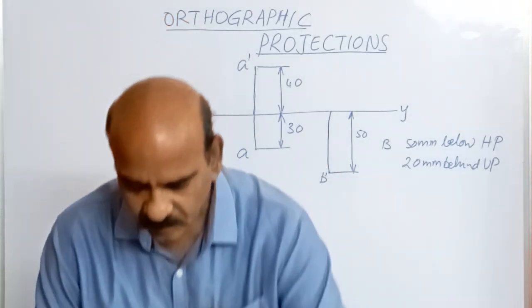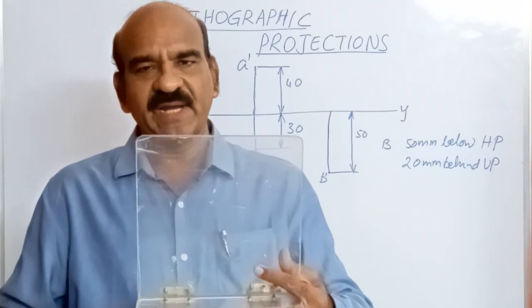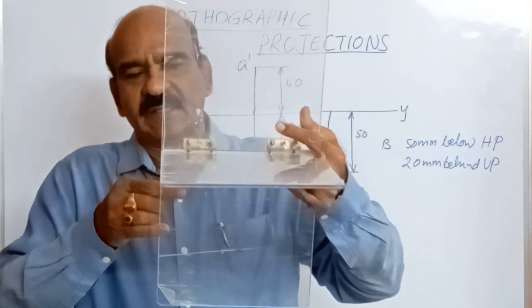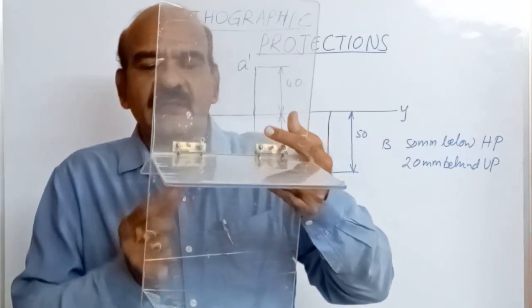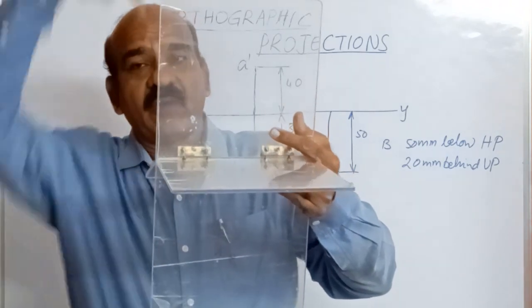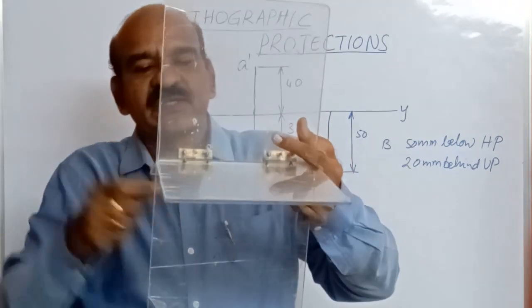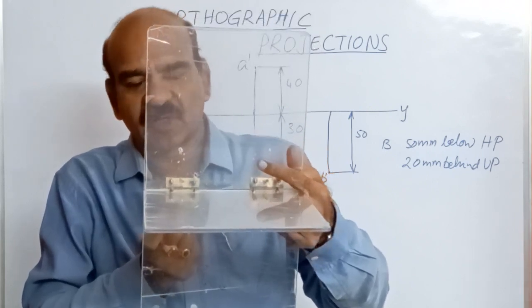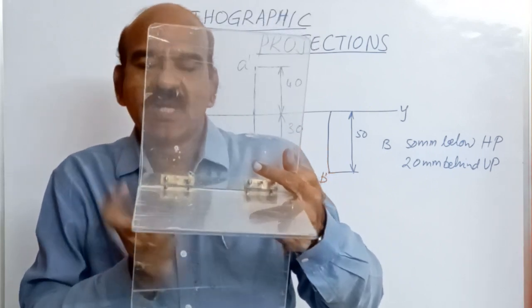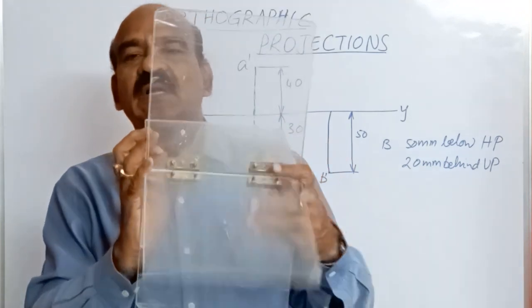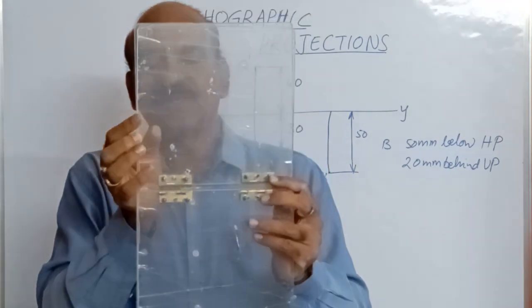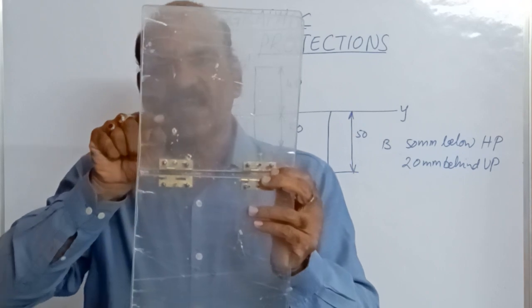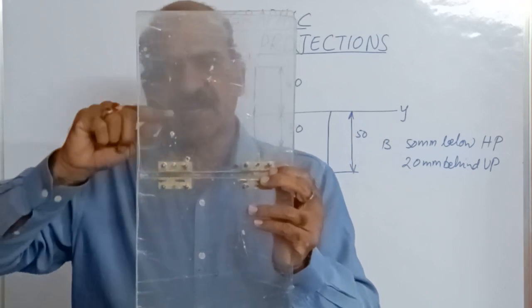Next, its projection is obtained 20 mm behind VP here. So rotate, the projection is obtained on the top. When you are looking in the top, its projection obtained here at a distance of 20 mm on the horizontal plane from VP. Rotate this, and this top view is coming here above the reference line.